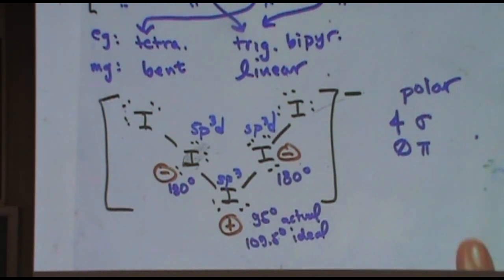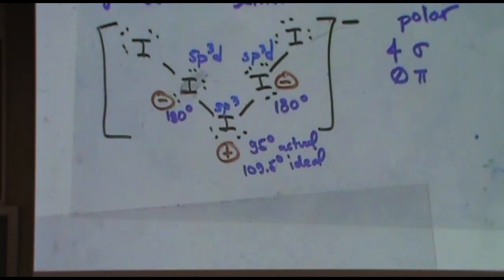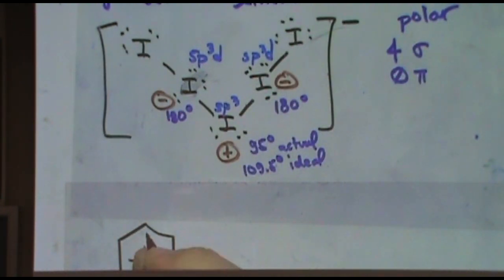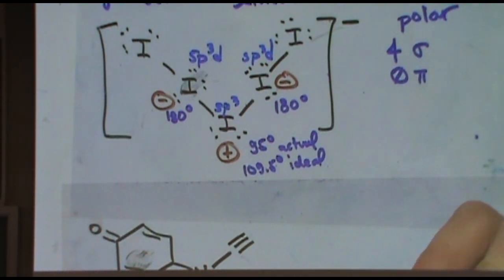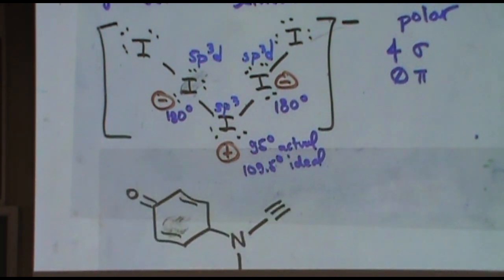I want to do a little bit more with sigma and pi, and a little bit more with hybridization. Okay, for this one, can you not see it?